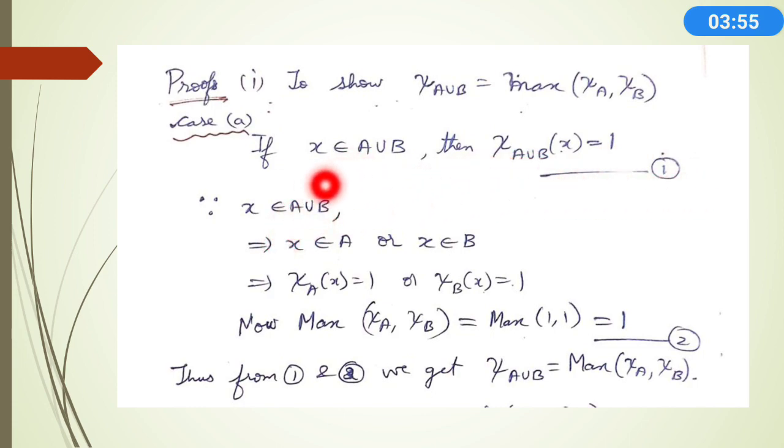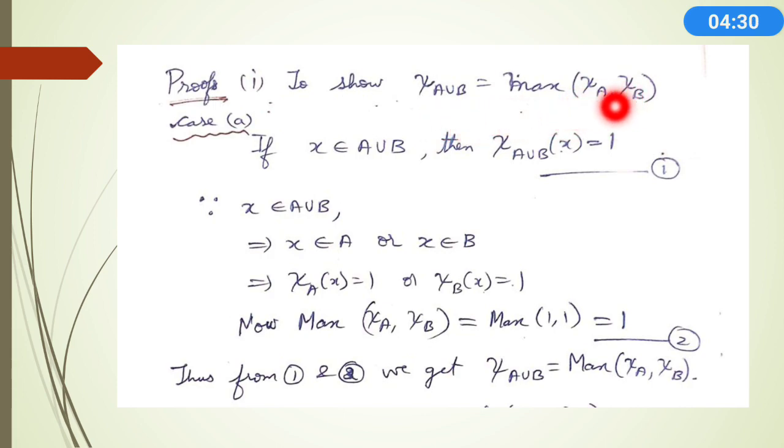Since x belongs to A union B, you replace this union by OR, which means x belongs to A or x belongs to B. Now again by the definition, my psi A will be 1, and psi B value is also 1 since it belongs. Now substitute in the right hand side: the maximum of psi A comma psi B will be the maximum of 1 comma 1, and the value will be what? 1.